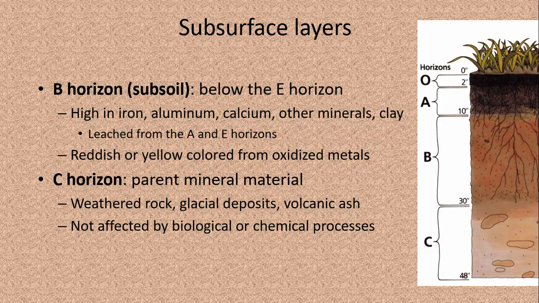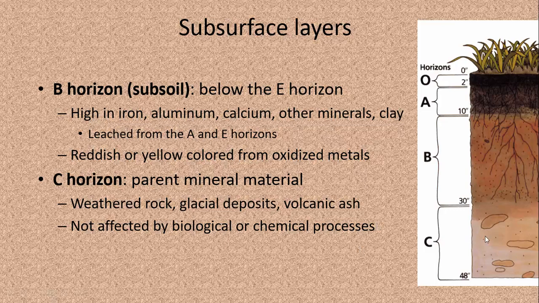So the B horizon is often referred to as subsoil. It is high in minerals that have been leached through the soil column, and these would include minerals like iron, aluminum, and calcium. It also can be high in clay that has been leached out of the soil layers above. It's often reddish or yellow because of all of the oxidized metals present.